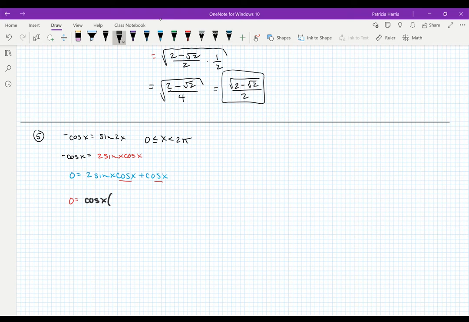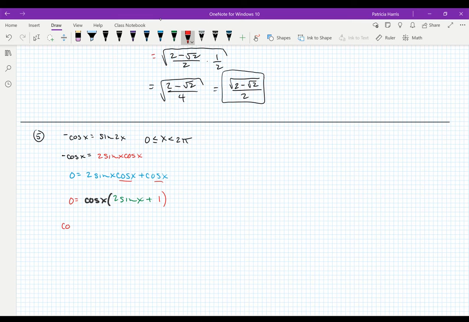So if I divide the first 2 sine x cosine x by cosine, what's the quotient? Well, the quotient would be 2 sine x. Well, what do you get when you divide cosine by cosine? Well, you get a 1. Okay, that's factored. Now I can set each factor equal to 0.